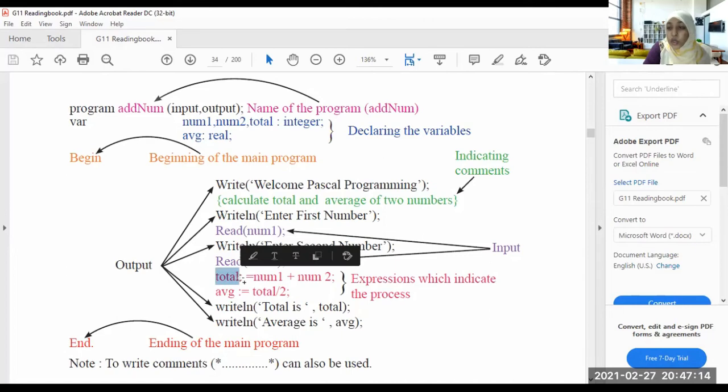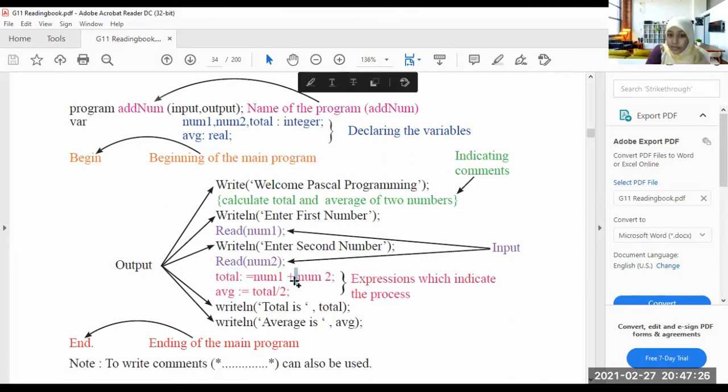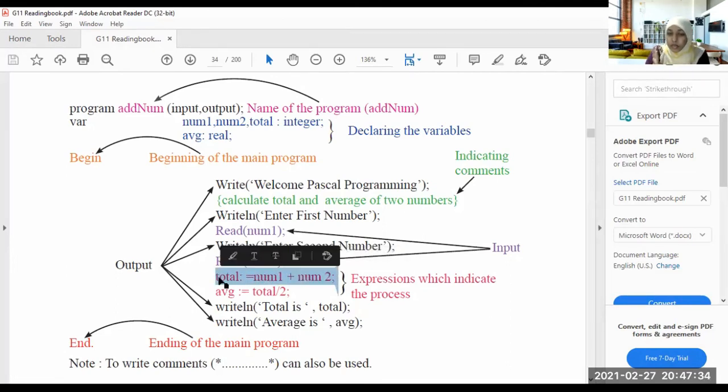There is total. So the total colon equal to num1 plus num2. I am using expressions here, right? See, equal to num1 plus num2, semicolon, finish. So this is an expression.